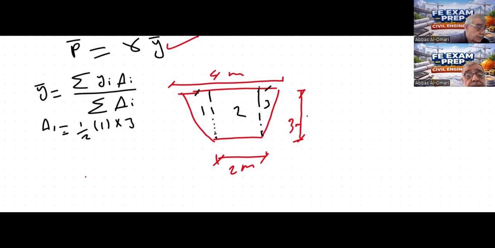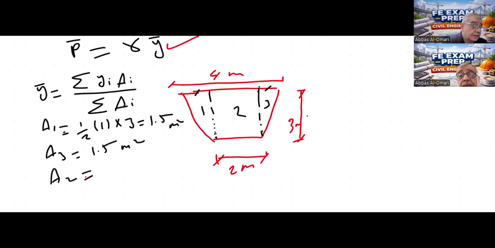So A1 equals 3 over 2, which is 1.5 meters squared. A2 is a rectangle, 2 by 3 equals 6 meters squared. A3 equals A1, the same triangle, also 1.5 meters squared. Now the summation of areas is 9, which is 6 plus 1.5 plus 1.5.